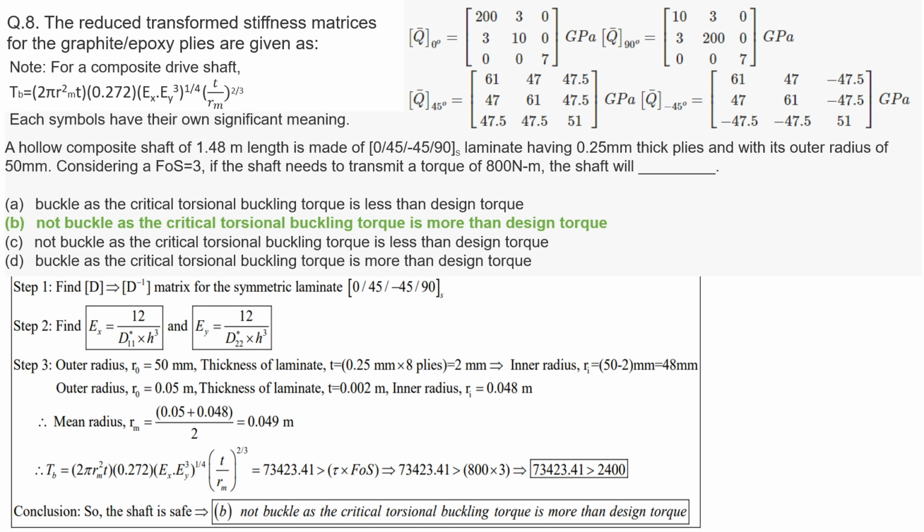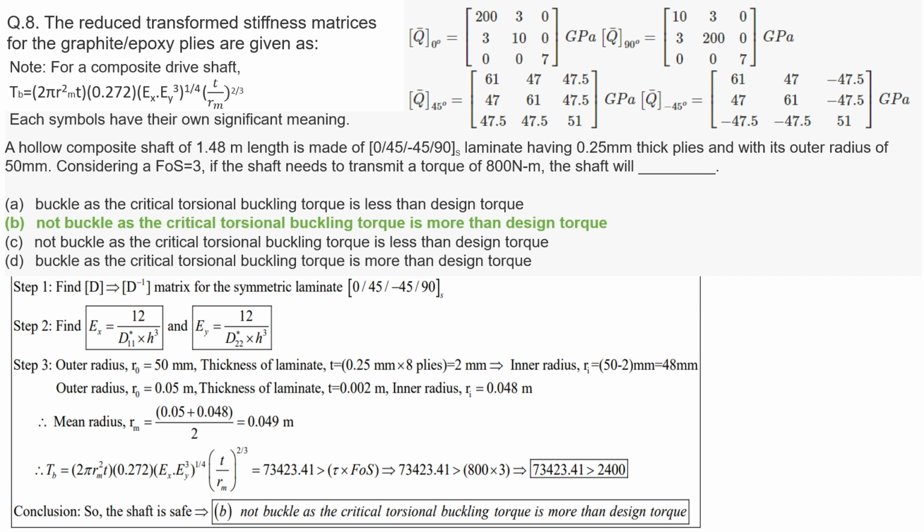I didn't write the equation here, but we already know the equation as we have discussed previously. So from those equations you will get the D matrix. Next step is to find the Ex and Ey value. So the Ex value is equal to 12 by D11 star into h cube, and Ey is equal to 12 by D22 into h cube.